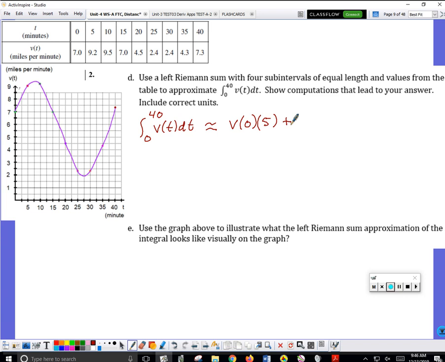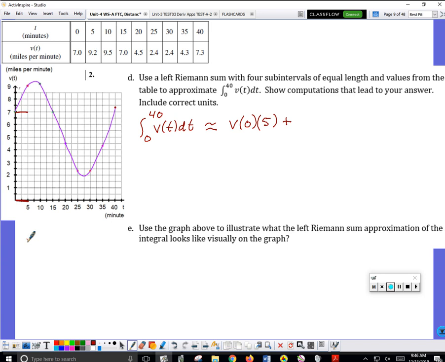So what I did instead was I looked at the first 5 minutes and I said, well, let's just say that the velocity is 7 for the first 5 minutes. So instead of the purple graph, let's say we actually have the brown graph, just because it's hard to take every velocity.